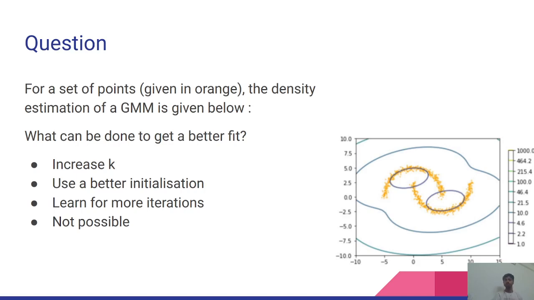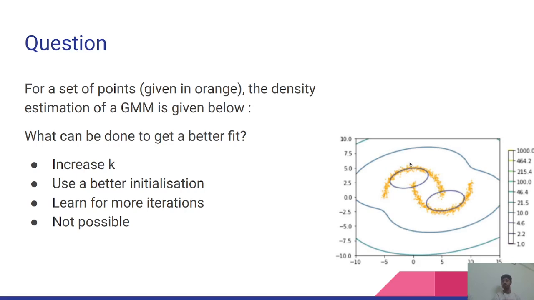So the correct option is to increase k. If we use a better initialization, suppose we are initializing here or anywhere, it will not matter, because this distribution itself is not Gaussian.